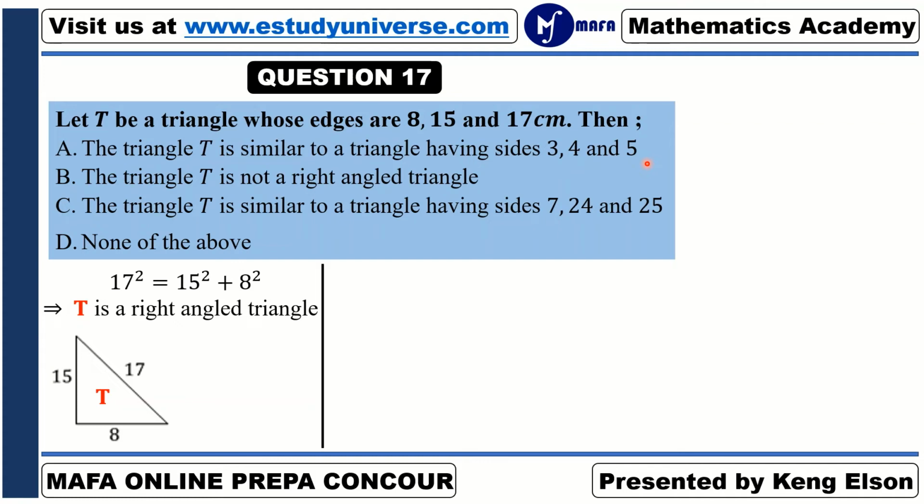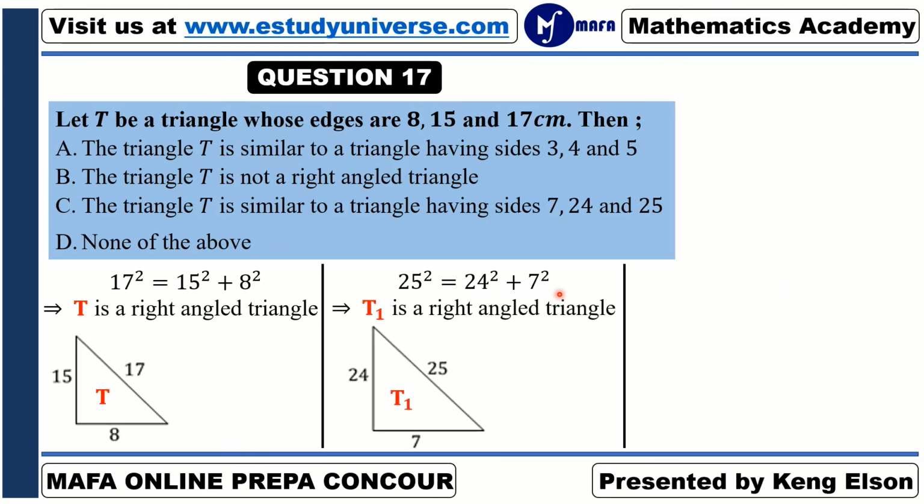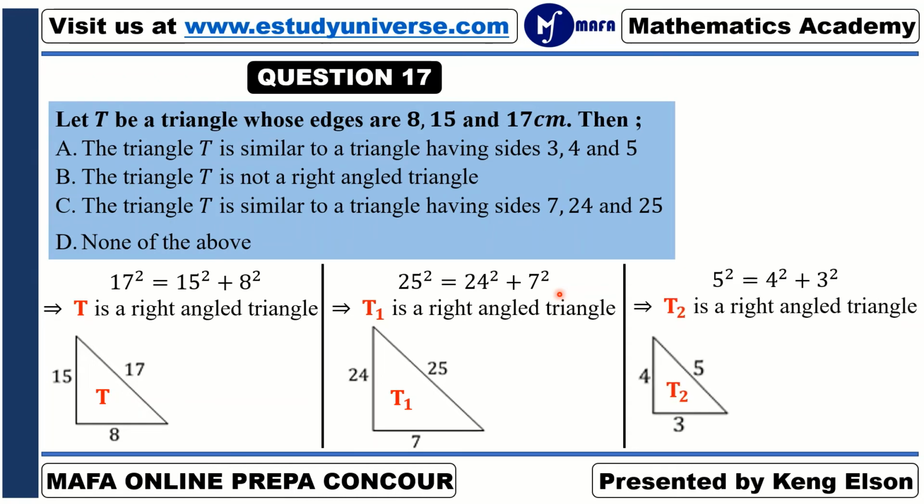We now verify if they are also right angle triangles. 7, 24 and 25 are also Pythagorean triplets, because 25 squared is 24 squared plus 7 squared. So T1 is a right angle triangle. Here is a sketch. The first basic Pythagorean triplets are 3, 4, 5. 5 squared is 4 squared plus 3 squared. So T2 is a right angle triangle, and that is a sketch.